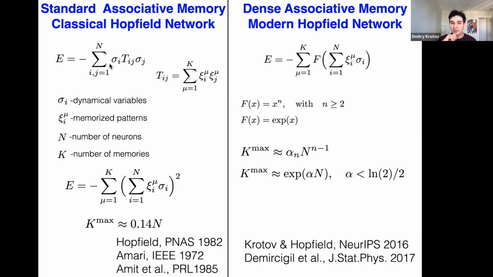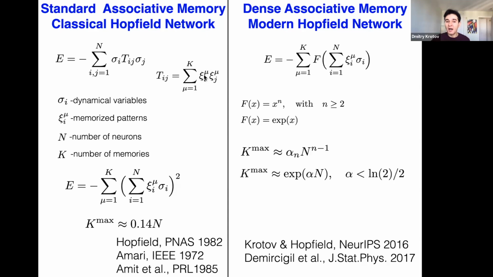So the energy landscape for this network is defined by the formula shown here on the left. As you can see, the shape of this energy landscape is encoded in this symmetric matrix T_ij. Essentially, that's the only parameter of the network that defines the energy landscape. The matrix T_ij, in the most conventional setting, is computed from the memory vectors. Remember, in the previous slide, the problem was set in the following way: you give me a set of memory vectors and I design the energy landscape. Here the memory vectors are denoted by these letters xi.